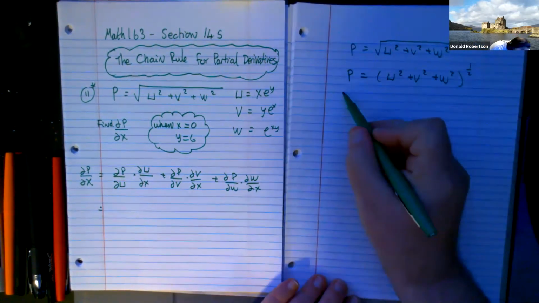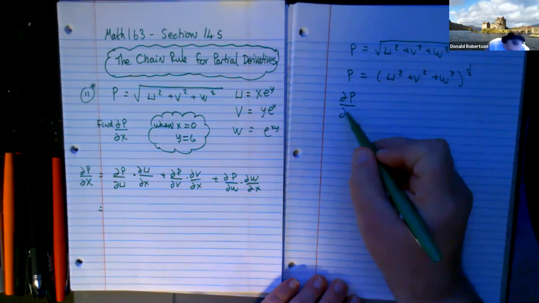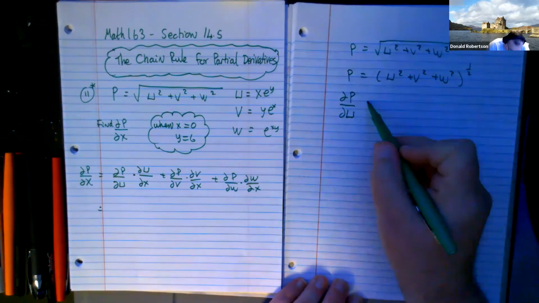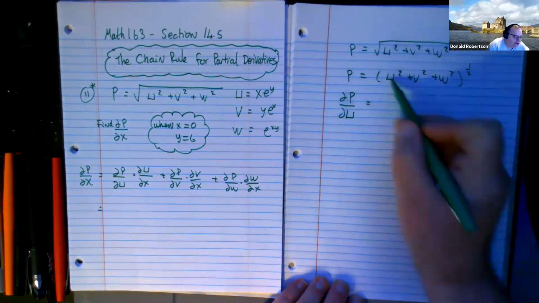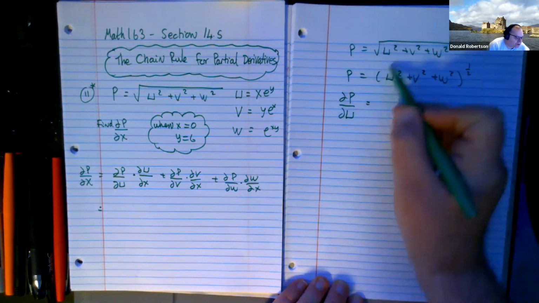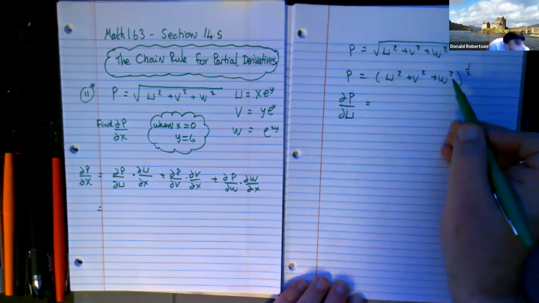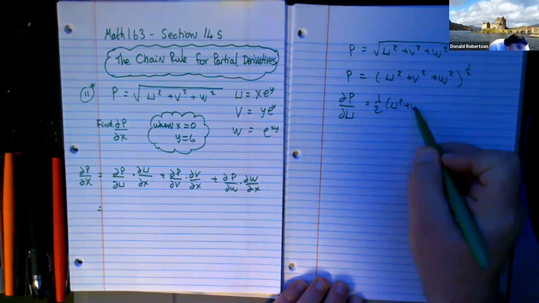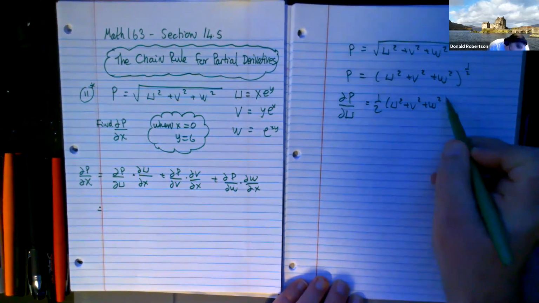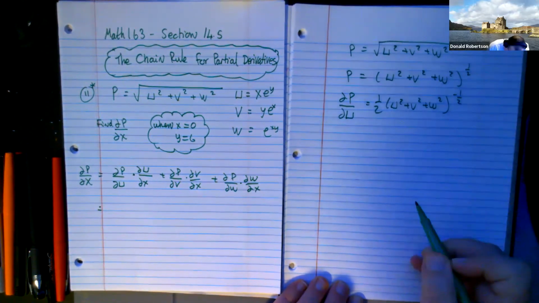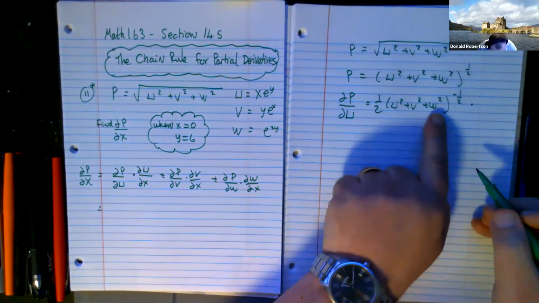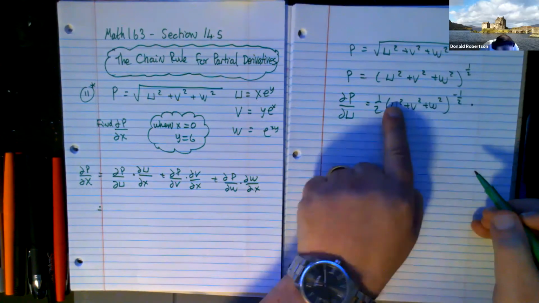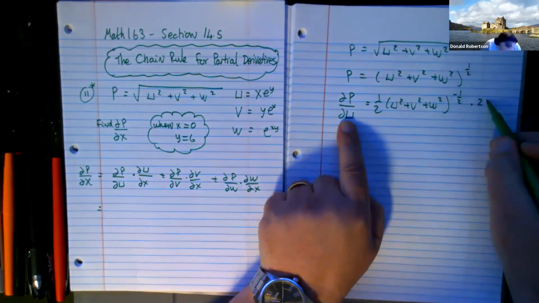And to find just that one, technically speaking, isn't this its own chain rule, like Calc 1 chain rule? You multiply by the power, you reduce the power by 1, and then you differentiate what's inside the brackets, partial derivative with respect to u, and you get 2u.